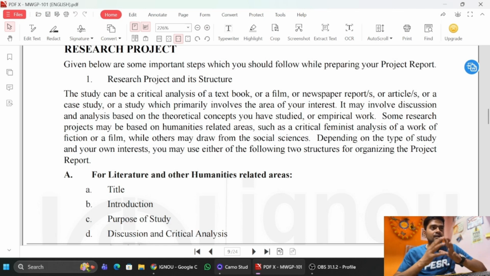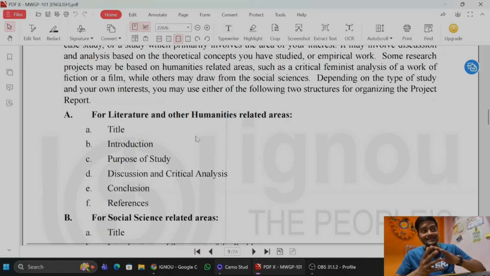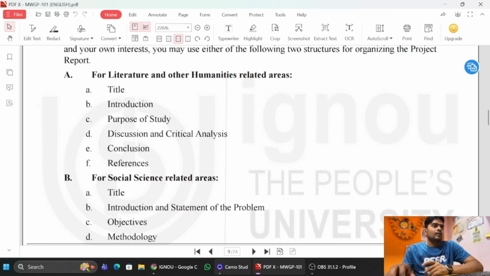Okay, so here it is talking about how you may use either of the following two structures for organizing the project. For literature and other humanities related areas, if your research topic is related to literature and other humanities, the content of your project would be like this.